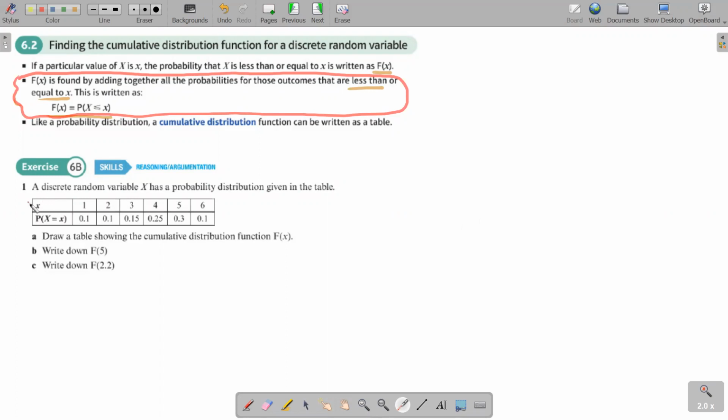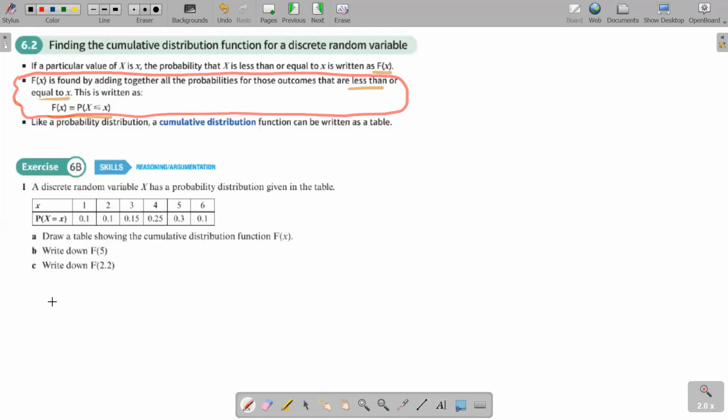A discrete random variable capital X has a probability distribution given in the table. Can you see the probability distribution? For different values of x, there are different probabilities. Draw a table showing the cumulative distribution function capital F(x). So how do you go for the capital F(x) function? What do you need to do here?